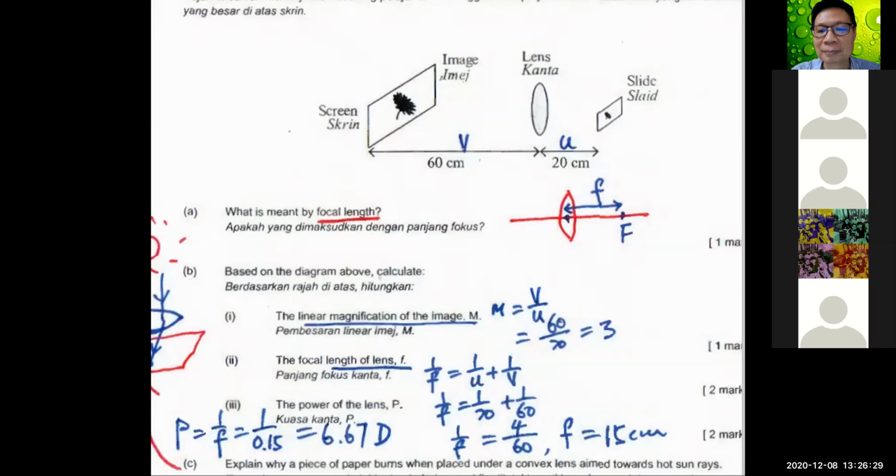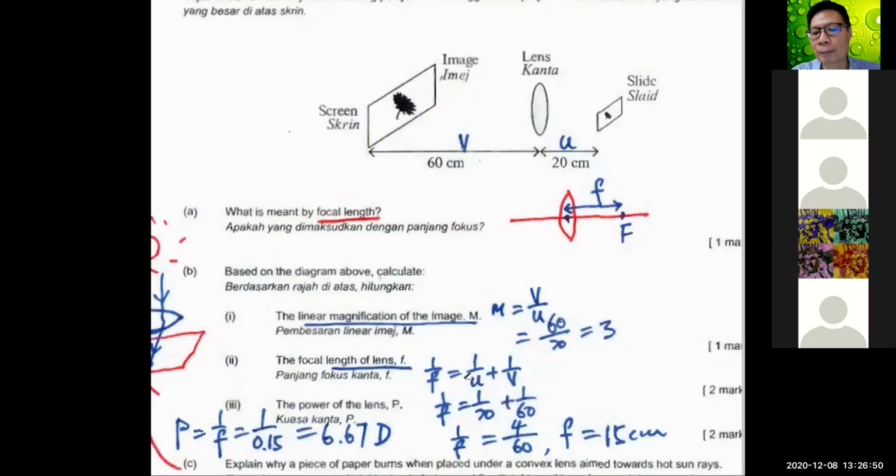Image, the size of image is 3 times of the size of object. Yes, very good. Ping Hao, thank you. It's 3 times larger. 3 means that the image is 3 times larger than the object. There's the meaning.